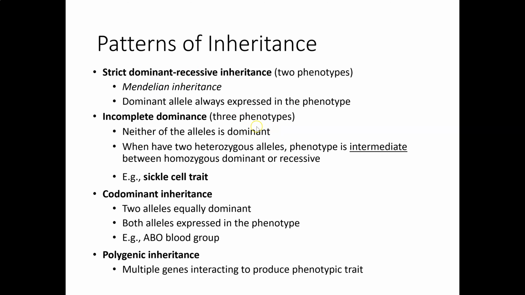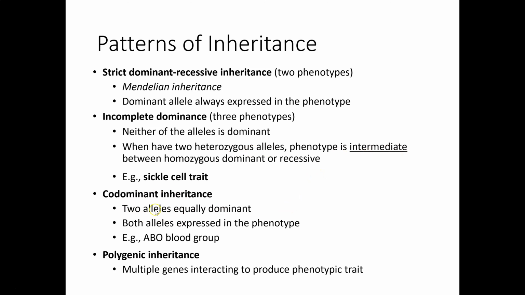But if you can see 3 phenotypes, where one of them is intermediate between the 2 more extreme phenotypes, that's a very good indication that the alleles behave like incomplete dominance. How you figure out the genotype with the Punnett square is still the same. It's just the phenotypes: the heterozygous individual is going to have the intermediate phenotype.